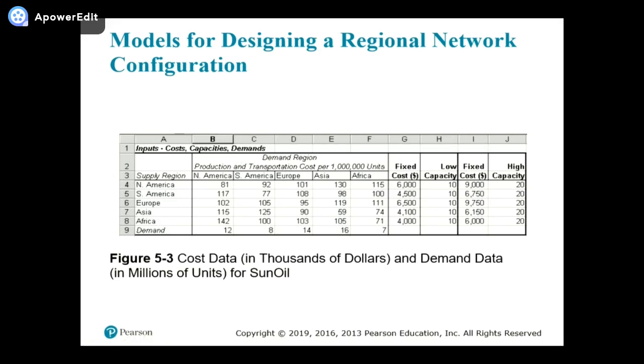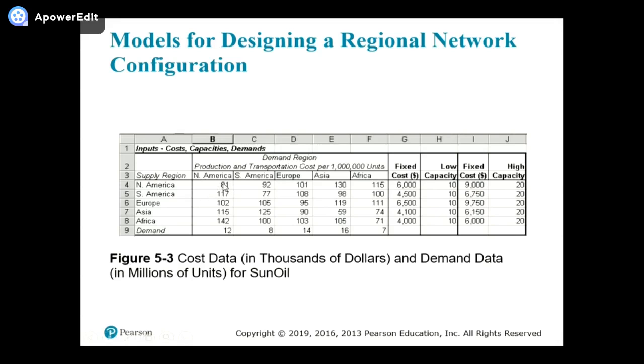And so in order to supply demand from a certain region, it will incur some cost. Right? Generally, it's less costly to supply the demand from the same region than from somewhere farther away.